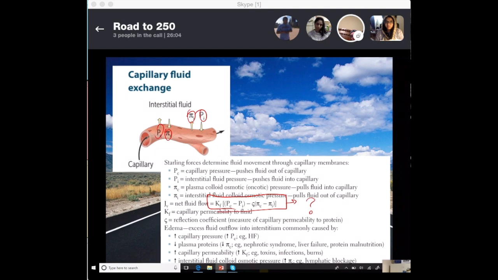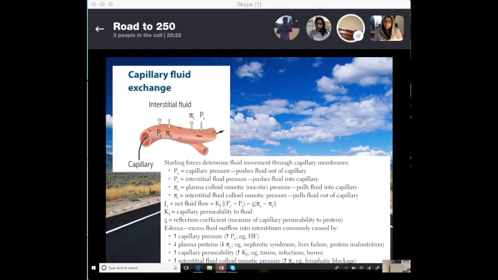Or they'd give you values and tell you that this person has edema, and ask what is a possible mechanism. Is it a burn victim? Do they have liver failure? Why does this person have leg swelling? Any questions?